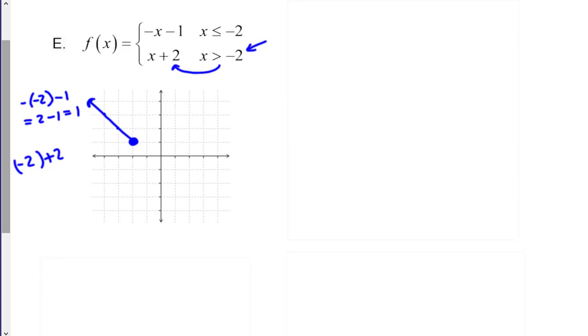But notice, well, actually, that evaluates to 0. But notice, however, that this isn't contained on that domain. And that's actually okay. This is just telling me the location of that open circle. So I have an open circle right here at 0, and then my slope is 1. So the rest of my line would look like that.